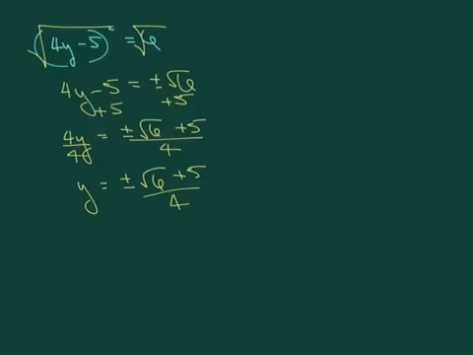Okay. And one of the things that we've got here at this point is I can't take the square root of 6, so I can't simplify that either. So that's pretty much all I can do.